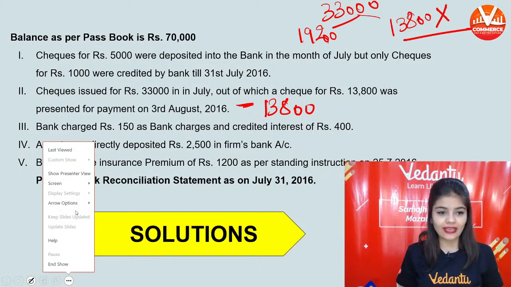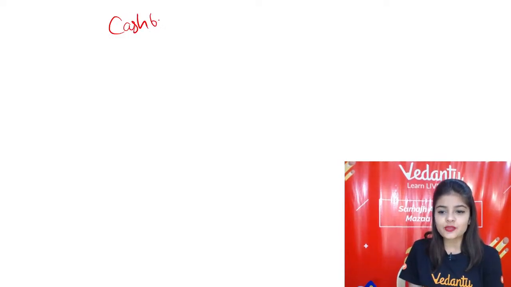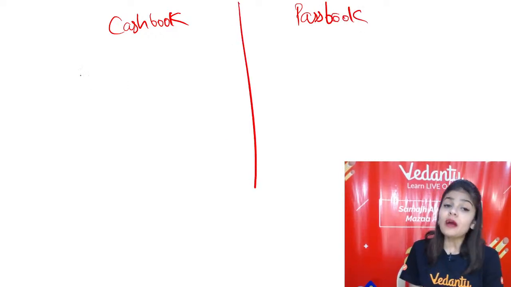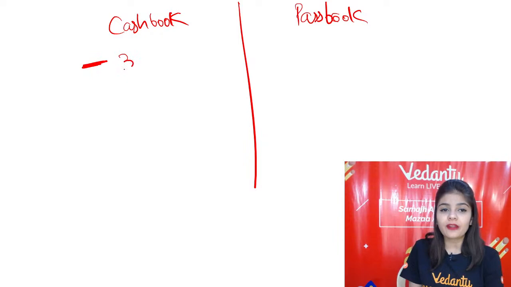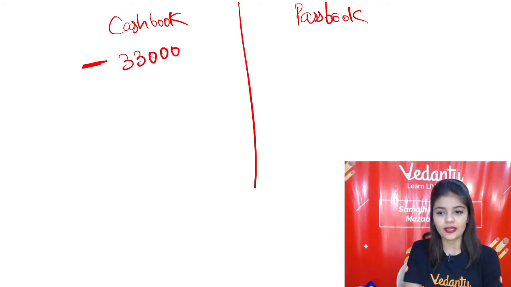So I will explain this with the help of working note. This is cash book. This is passbook. From cash book, you have subtracted 33,000.